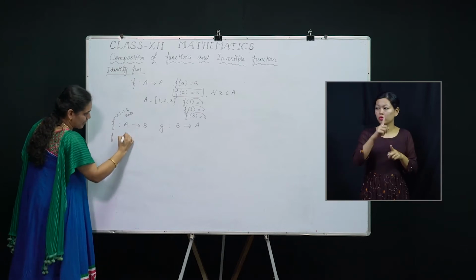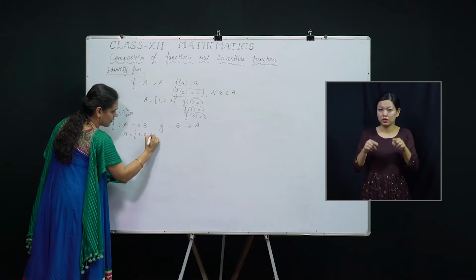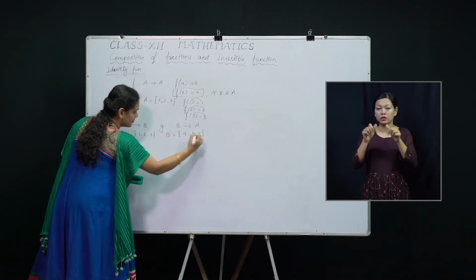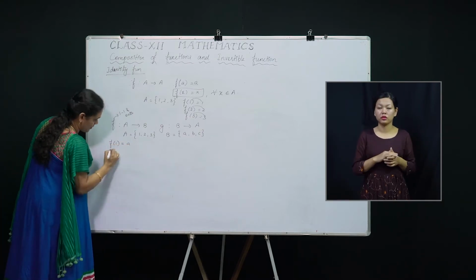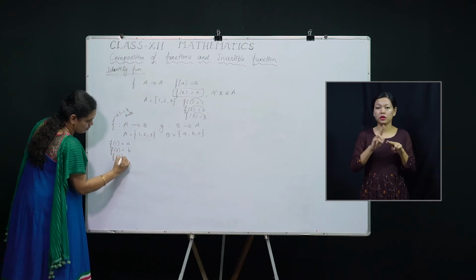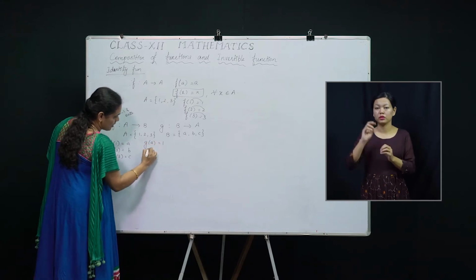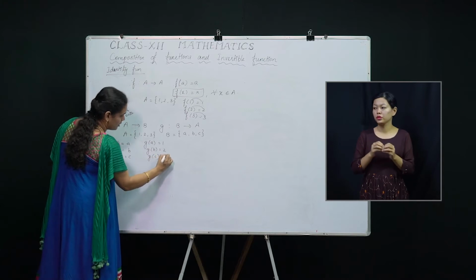Then A has the elements 1, 2, 3 and B has the elements a, b, c. f(1) will be a, f(2) will be b, f(3) will be c, and then g(a) will be 1, g(b) will be 2 and g(c) will be 3.